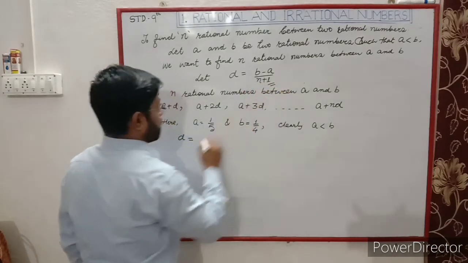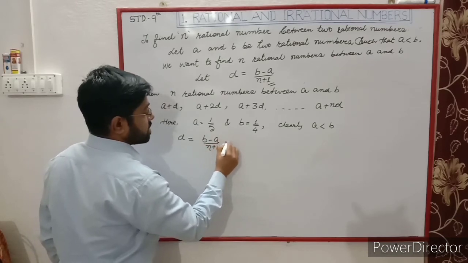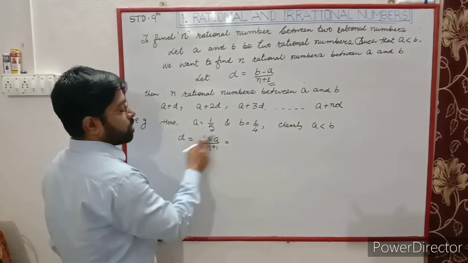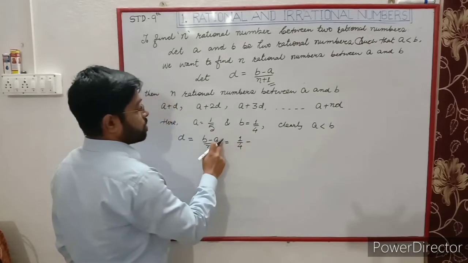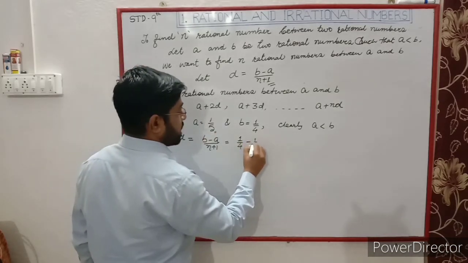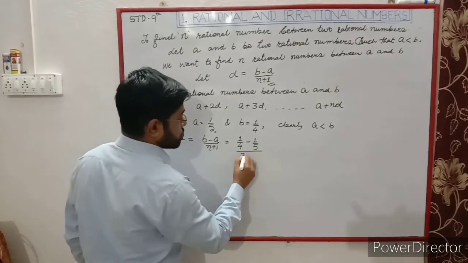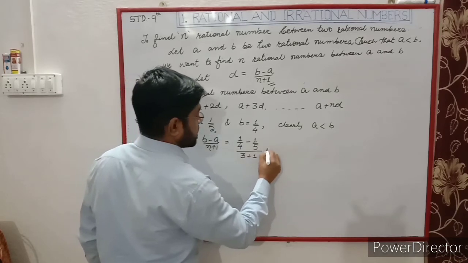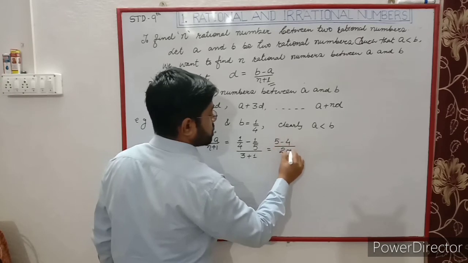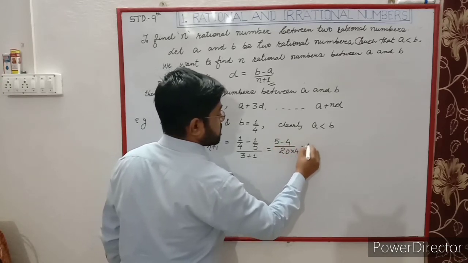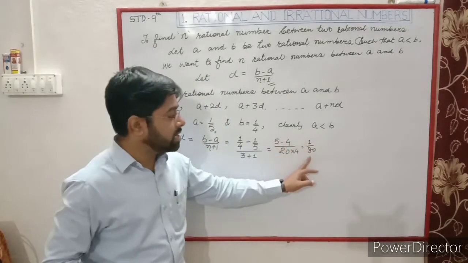Applying this formula, b minus a by n plus 1 is equal to, substitute the value of b, 1 by 4, minus the value of a, 1 by 5, by n. So we have to find three rational numbers, so 3 plus 1. Now taking LCM, 5 minus 4, 20 multiplied by 4, it has become 1 by 80. So the value of d is equal to 1 by 80.